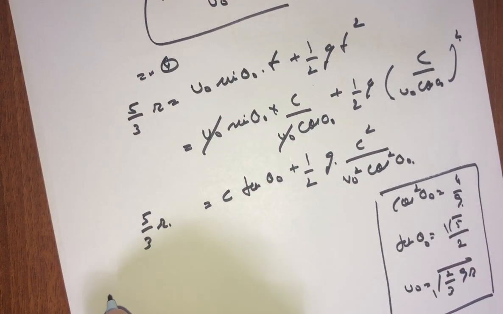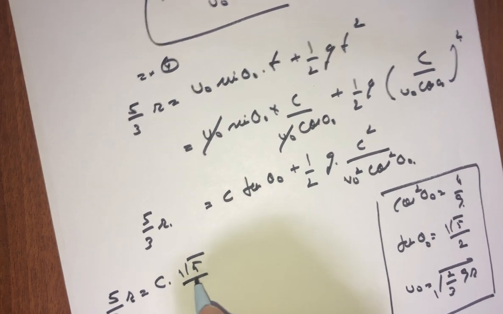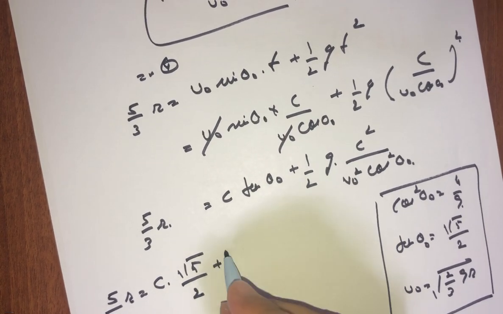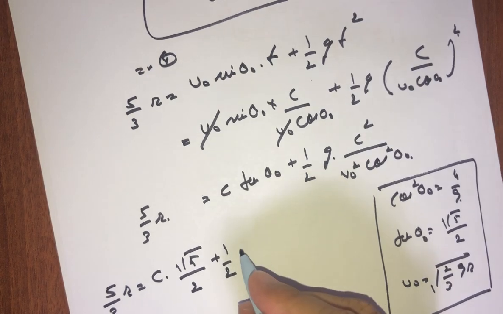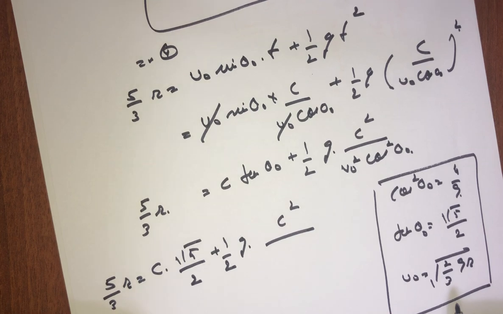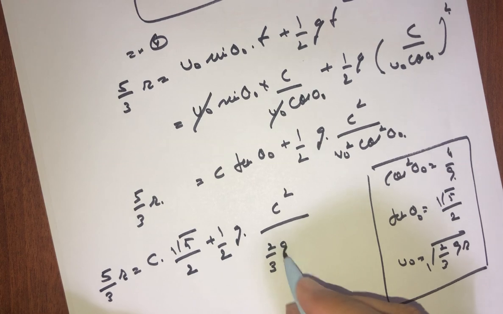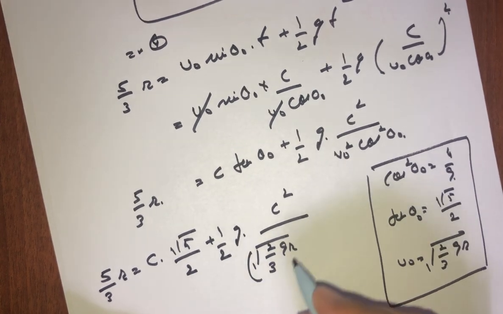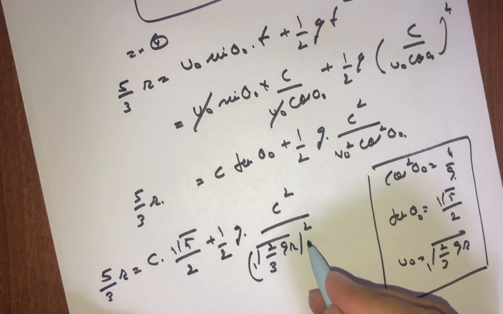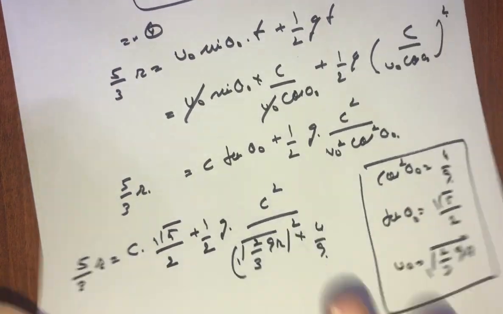We get 5 upon 3 r is equal to c times square root of 5 divided by 2 plus half g c square, and v naught square will be 2 by 3 g r, and cos square is 4 by 9. We are going to solve this further.